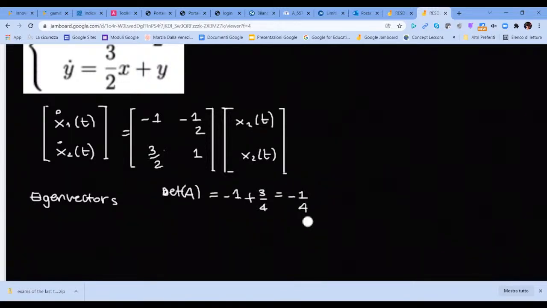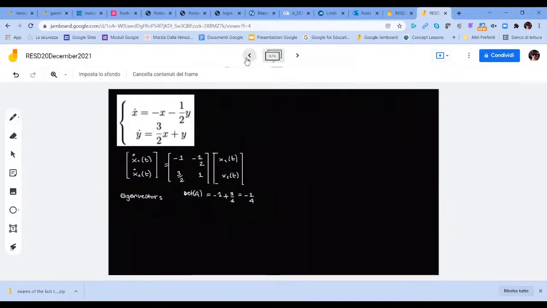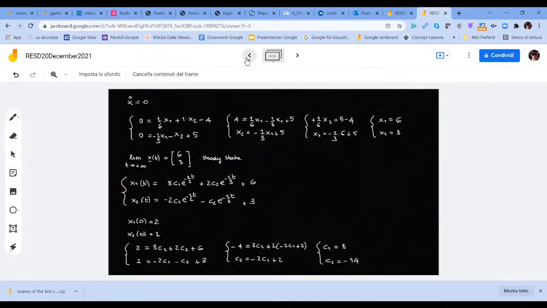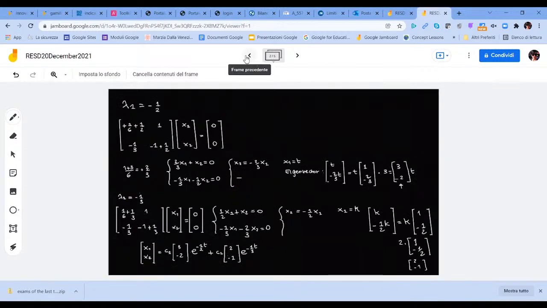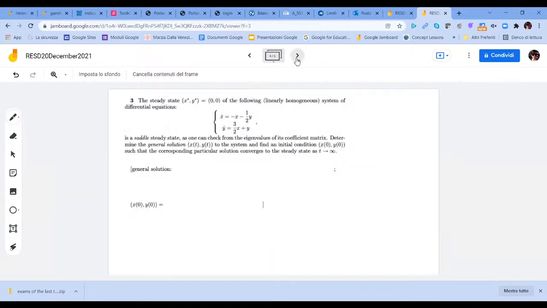Okay, so normally the determinant gives the product of the eigenvalues, so maybe the eigenvalues are one positive and one negative. We compute with this formula that I wrote in the first slide, where we have lambda square minus trace of A times lambda plus determinant of A, and then we should find the solution of this one.